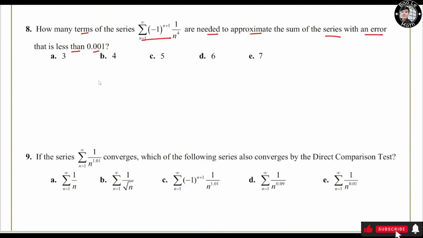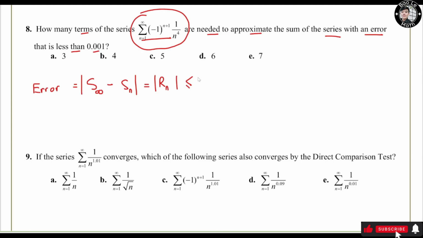Alright, so this is the alternating series, so we're going to use the alternating series error bound. The error equals the absolute value of the sum of the infinite series minus the partial sum, and this must be less than or equal to the next omitted term, a sub n plus 1.